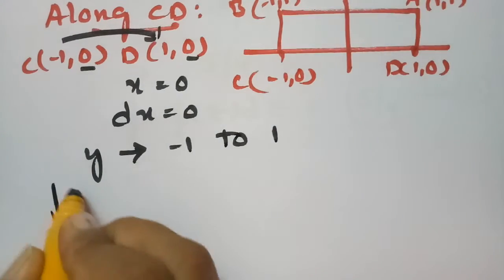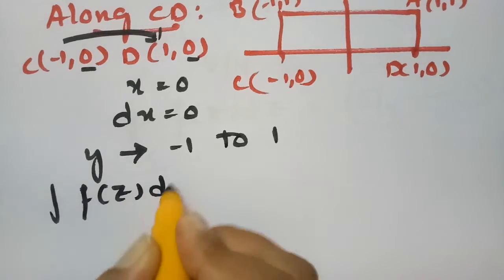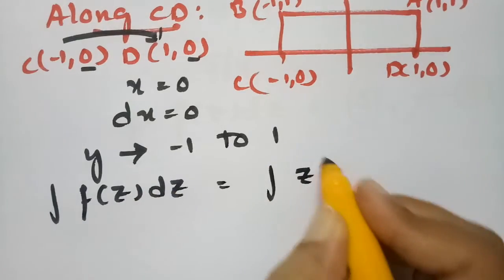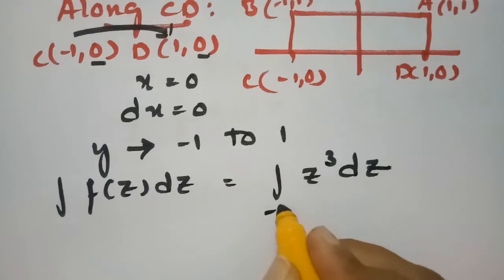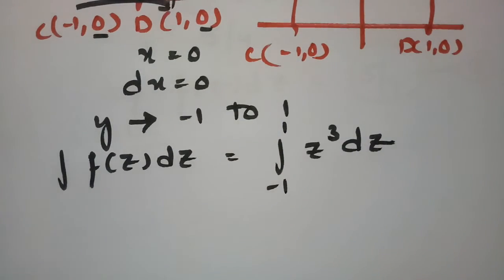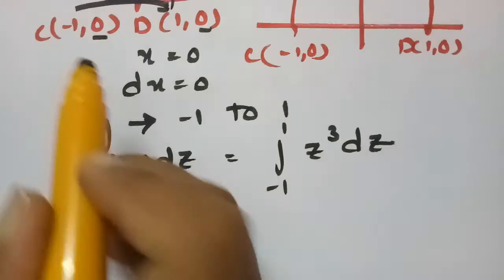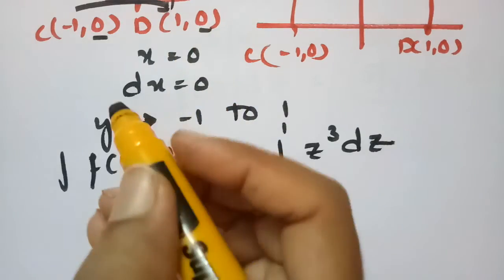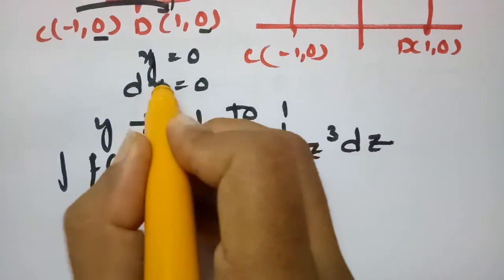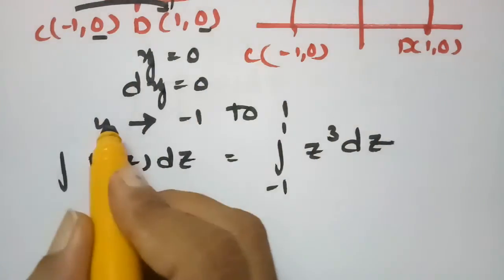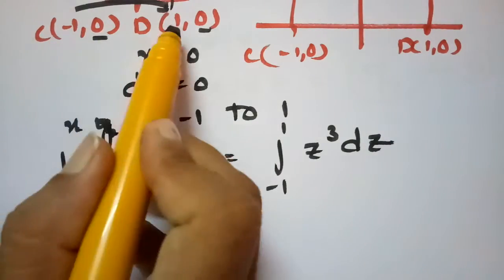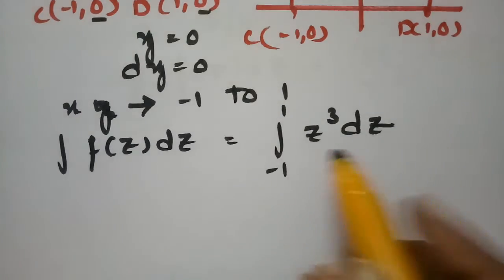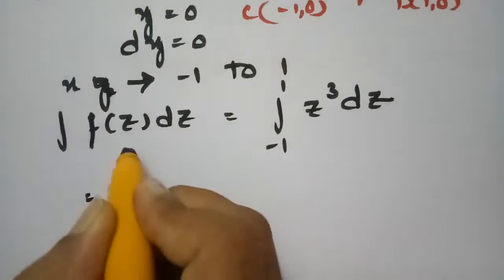Now we have to find the integral. This is the integral of f of z dz, so this is nothing but z cubed dz. So z cubed between the limits minus 1 to plus 1. As you know, here the y value is a stable value as 0, and dy is equal to 0, and x varies from the point minus 1 to plus 1.